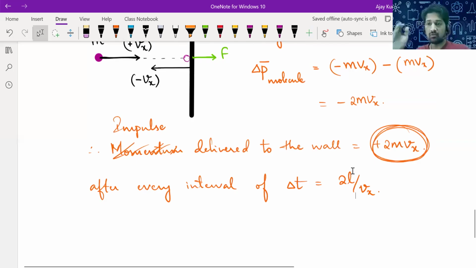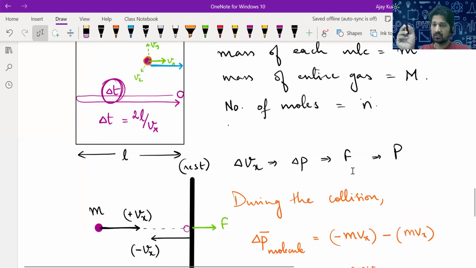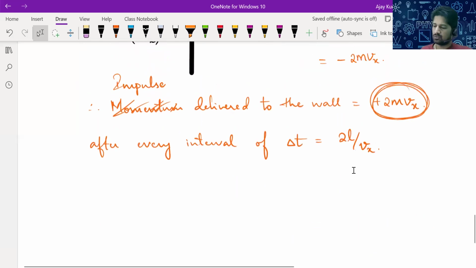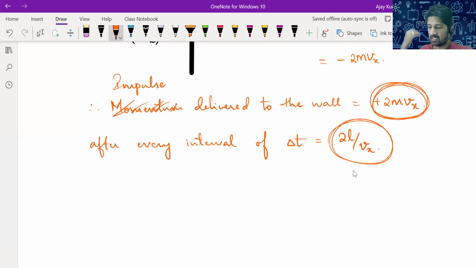The molecule will collide with the wall when it goes back and again comes forward towards this wall. For that to happen, it has to travel a distance of L plus L, 2L. And with what speed does it travel in this direction? Vx. Distance divided by speed gives you the time it takes. So after every interval of 2L by Vx, an impulse of 2mvx will be delivered to the wall.